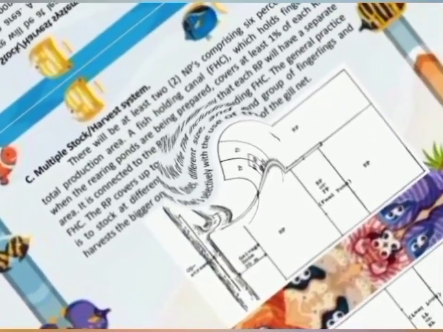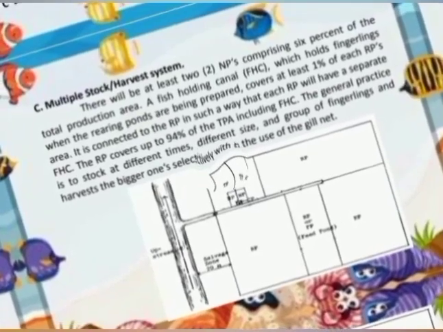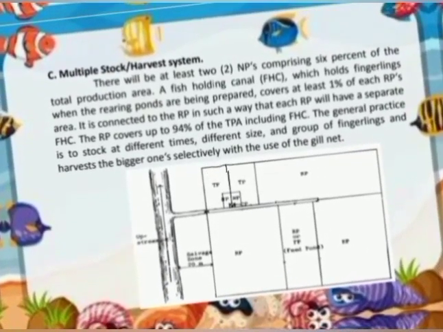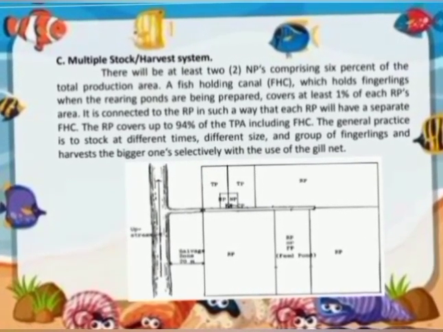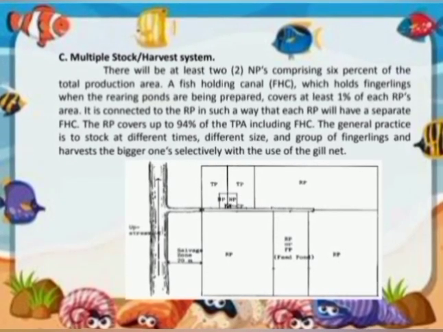Next, layout specification for the brackish pond system is the multiple stack harvest system, which is there will be at least 2 nursery pond comprising 6% of the total production area.